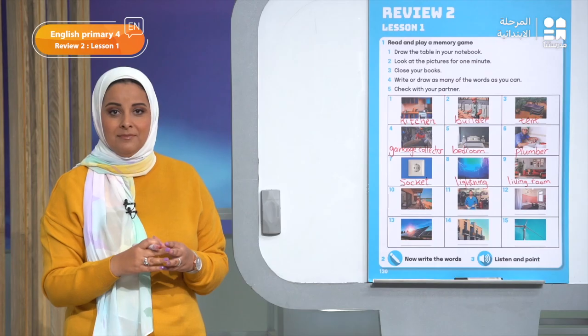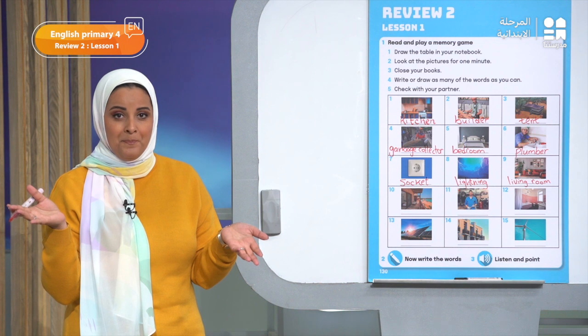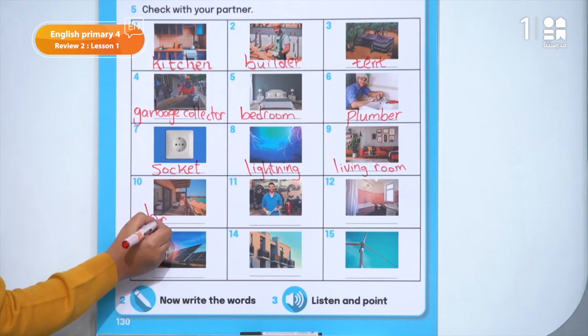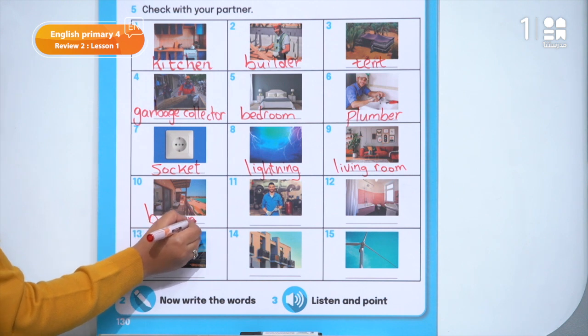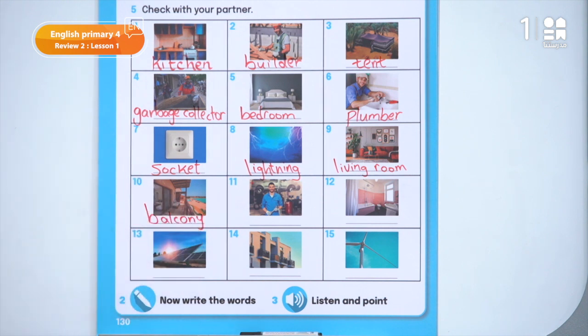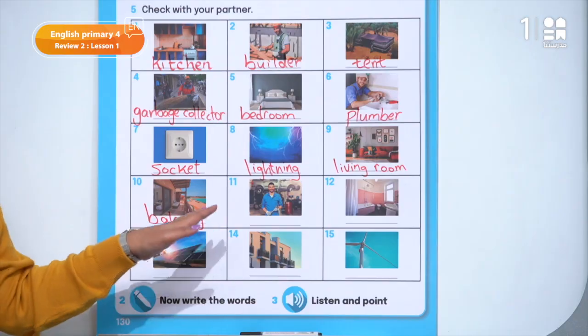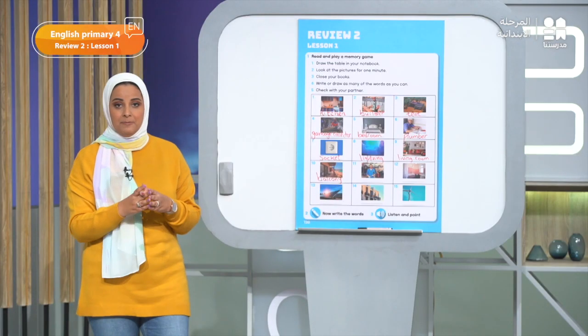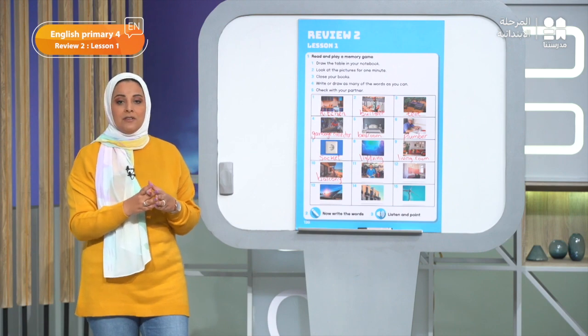Number 10, what is it? Balcony. Very good. So let's write it together. Balcony. Number 11, the one who fixes the cars. Who is he? Who fixes the cars? Very good, the mechanic.